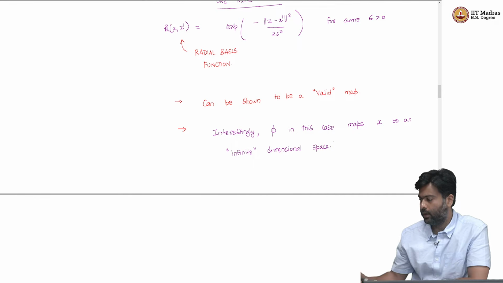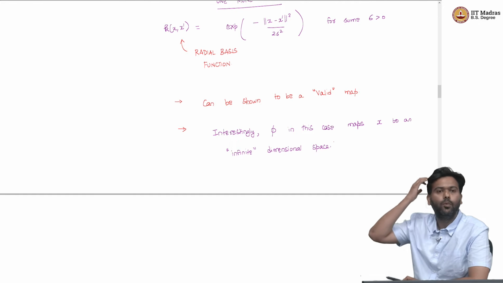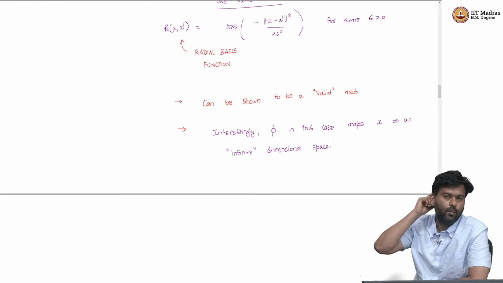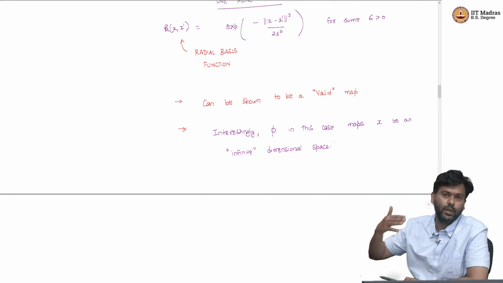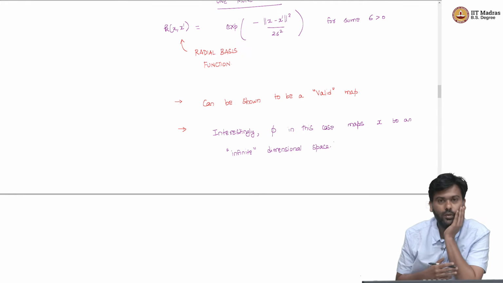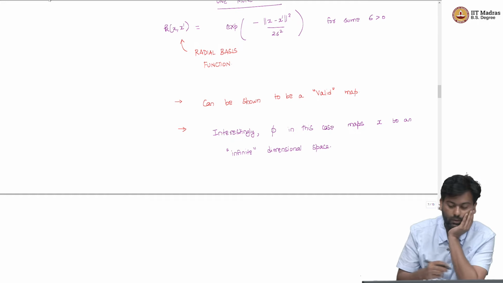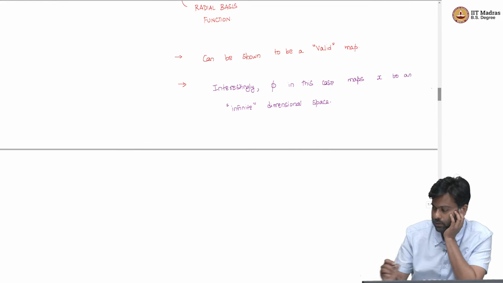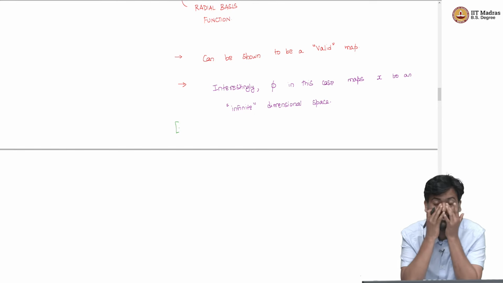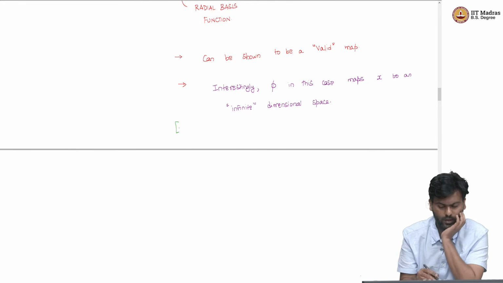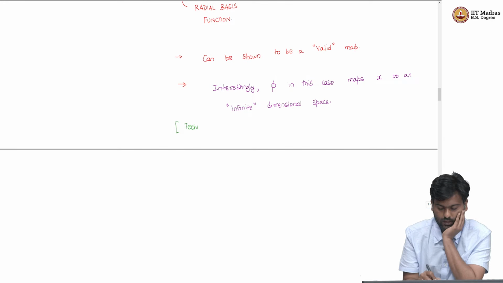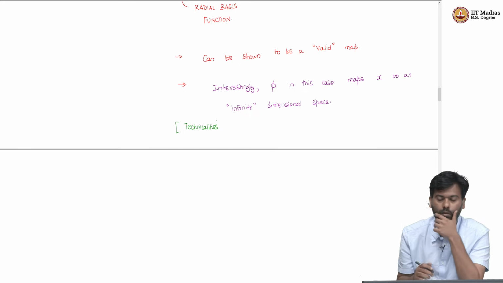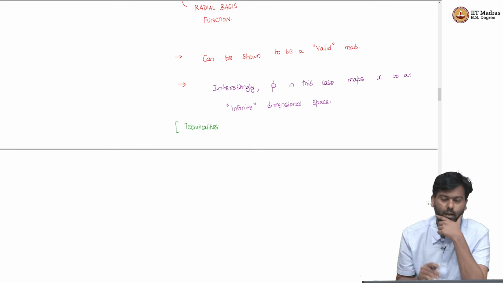So, earlier we said that the dimension where it gets mapped to increases in a certain fashion, d to the p and so on. In this case, you can argue that phi actually maps every data point to an infinite dimensional space, right. Whenever there is infinity involved, there are a lot of technicalities, but we do not want to dig deeper right now into what it means to say a space is infinite dimensional.